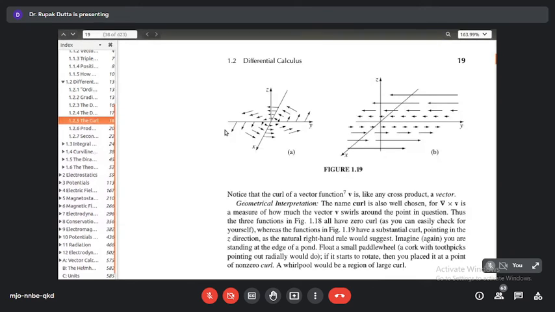Okay, I'll see if I can find some relevant example of this one. At this particular point I am not finding anything. You also tell me if you find something. Okay sir, we'll start. Yeah, you just look at it.